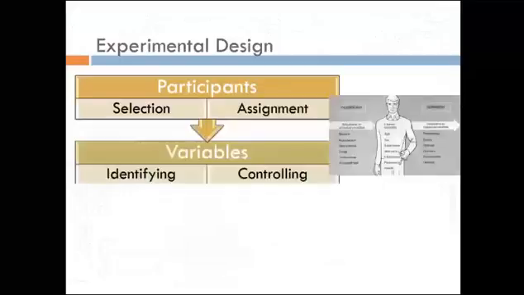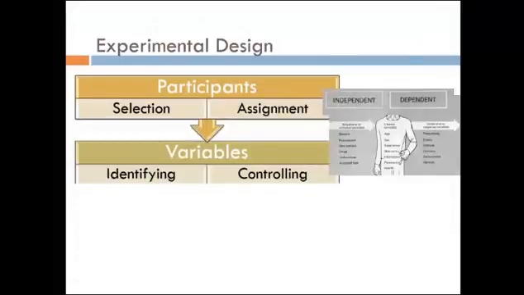All right, so we were talking in the last section about identifying the independent variables. And I had mentioned that an independent variable has to have at least two conditions in order for us to use it as a variable. Now you might think to yourself, well, duh, how can you do anything unless you have at least two conditions?